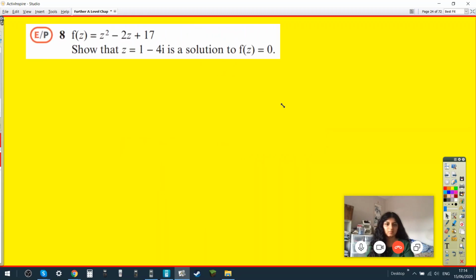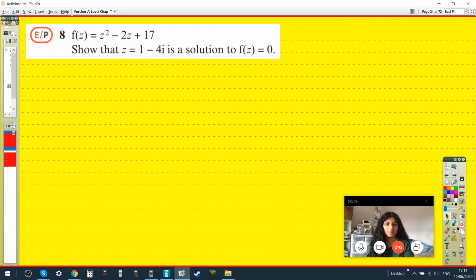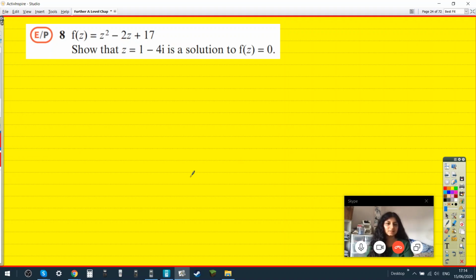How do we do this? Would you just substitute 1 minus 4i and then solve? Or would you just, oh wait, you just solve it. Never mind. Normally you substitute 0 for f of z, not 1 minus 4i.